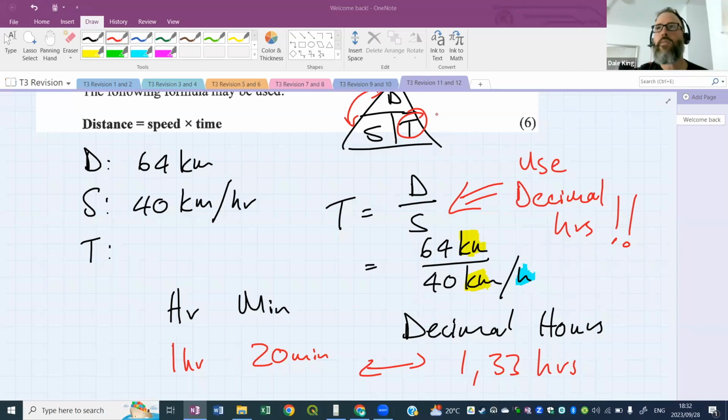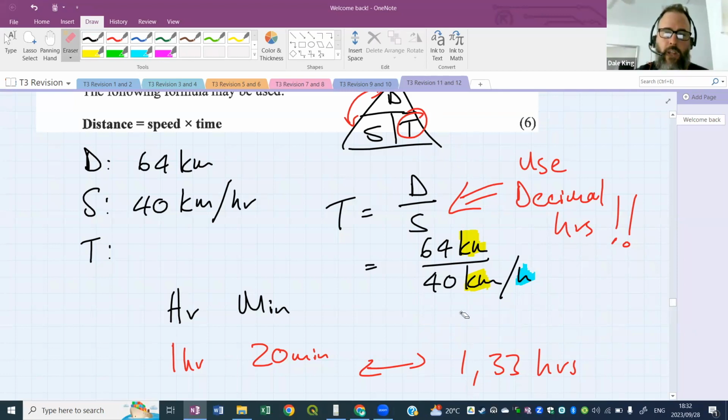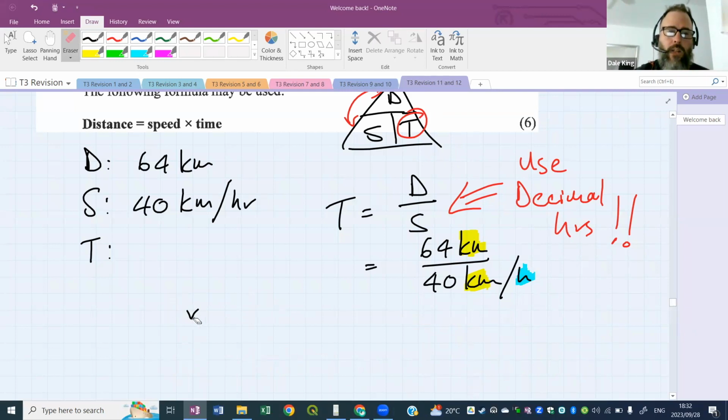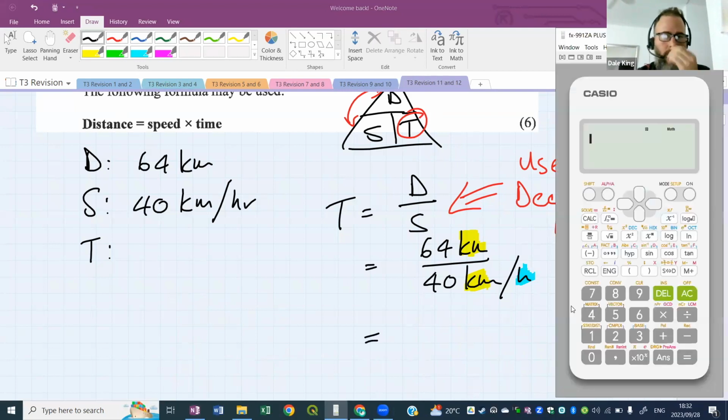And the answer comes out 1,36 and they write there 1 hour and 36 minutes. No. All right. This formula needs decimal hours and it will give you decimal hours. I can't say that enough. So if we know that, then when this answer comes out, it'll come out in decimal hours. We might need to change it, but let's see what the answer is.